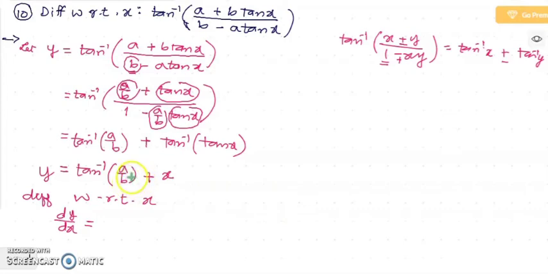That will give you the answer 0 only, but that is not the correct way. We should understand that this tan inverse a upon b doesn't contain any variable. That means it's a constant, and a constant's derivative is 0, plus the derivative of x, which is 1. So the answer is dy by dx equal to just 1.